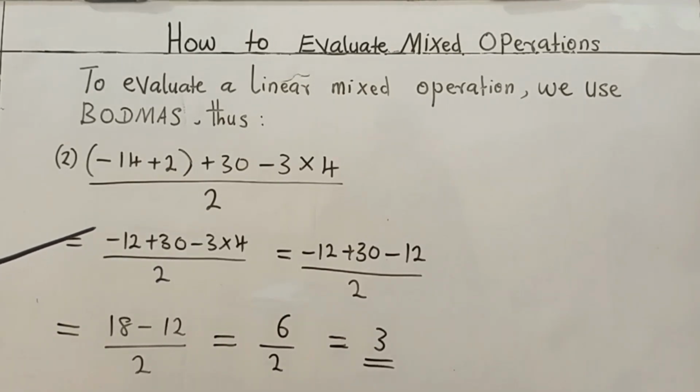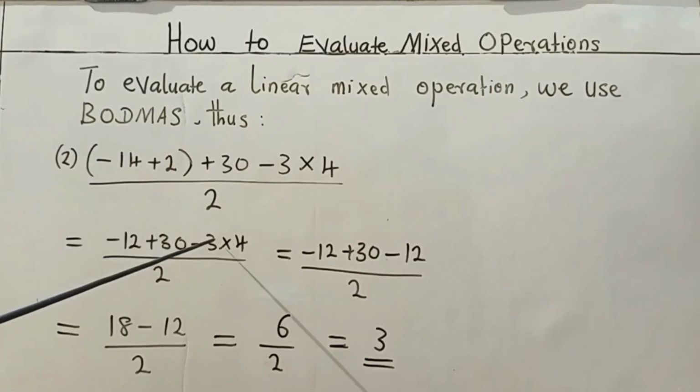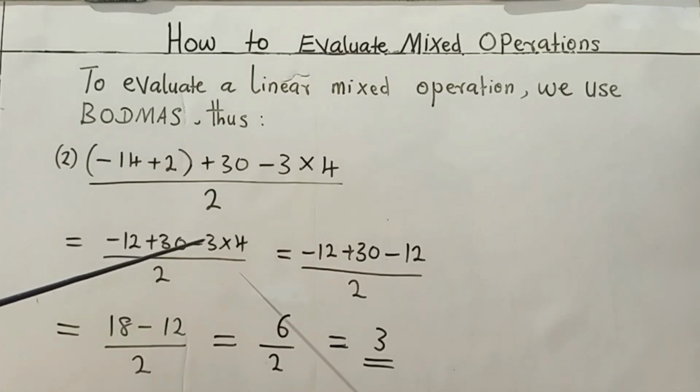I hope you know how this minus 12 came to be. Yes, you had it before. And now nothing new has happened. From minus 14 plus 2, we have this minus 12. And the rest appear as before.